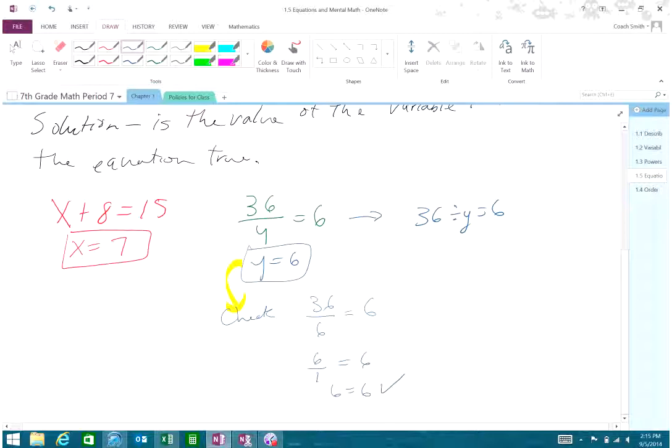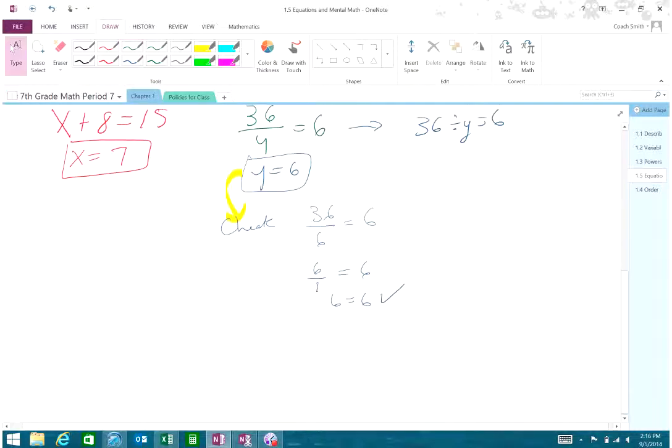That is the correct solution. So that's the other thing about the equation, that both sides of the equation must name the same number. Now, one side may be a variable expression, and the other side may just be a number, but the two sides, for them to be equal, have to name the same number some way, somehow. Okay? All right.